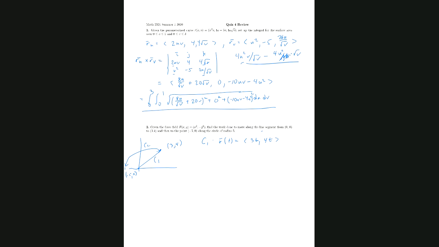The difference is, what are the limits for t here? Right, so this would be t equals 0 to 1. And if we did instead t comma 4/3 t, what would be the limits for t? Right, 0 to 3. So yes, there are always multiple possibilities. As long as you're going in the right direction and going from the first endpoint to the second endpoint, it's fine. So now what do I do?